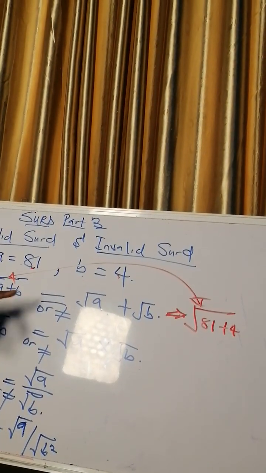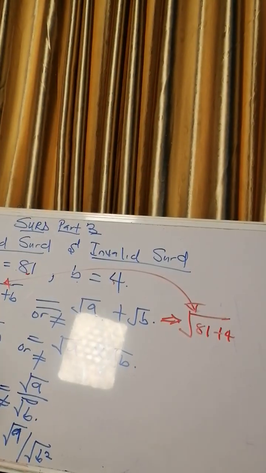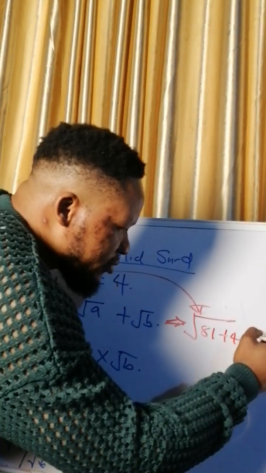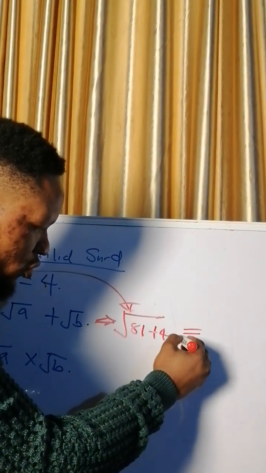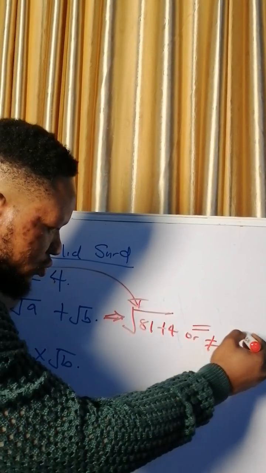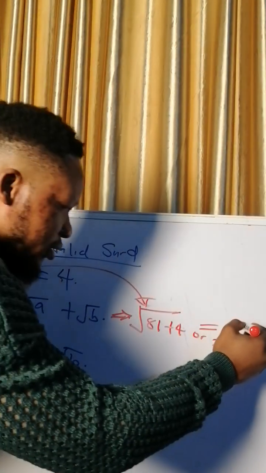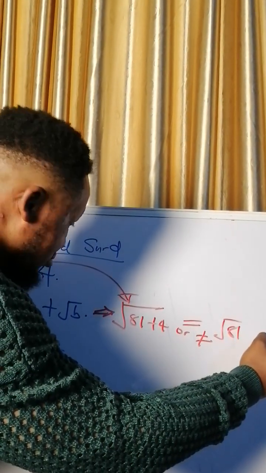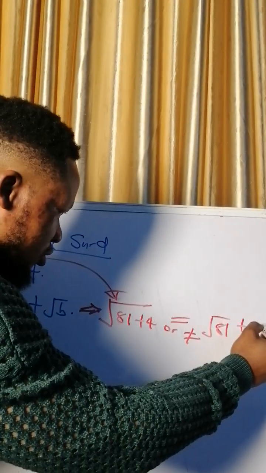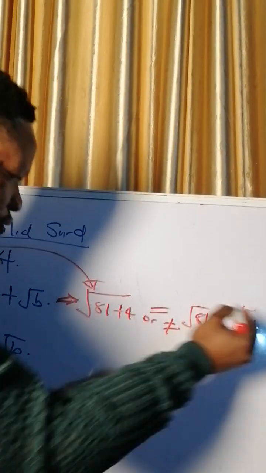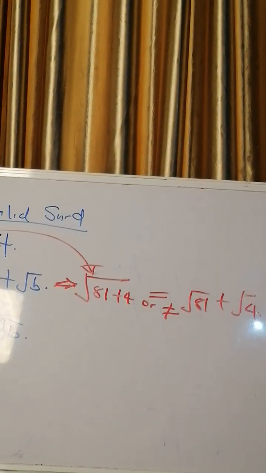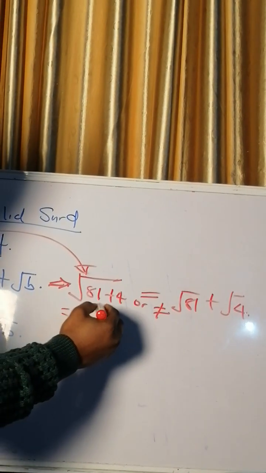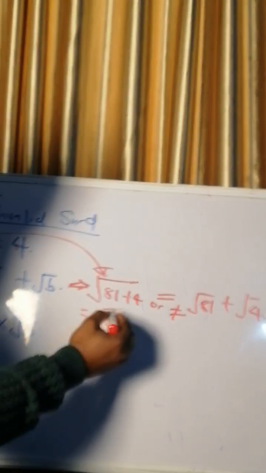Instead of writing B, I write 4. So therefore, look at this now, is it equal to or not equal to root 81 plus root 4? So from my answer here, 81 plus 4 is root 85.